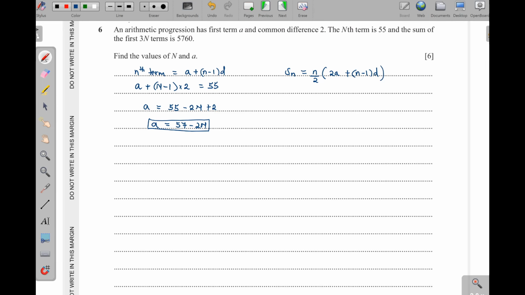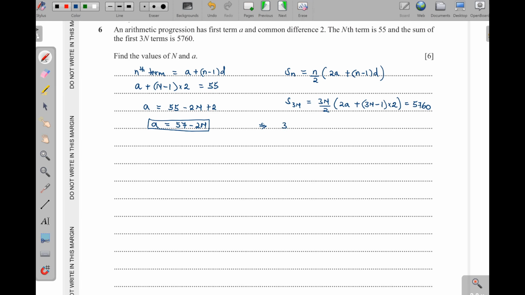Now, if you have sum of the first 3n, that means wherever there is n, you are going to put that 3n over 2, then into 2a, and then plus 3n minus 1, then times d, which d is a 2, and then this one is 5760, not so?